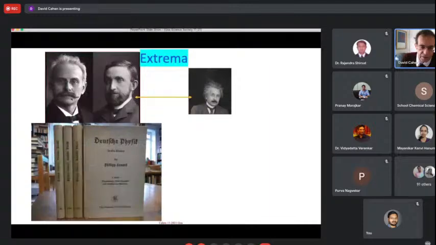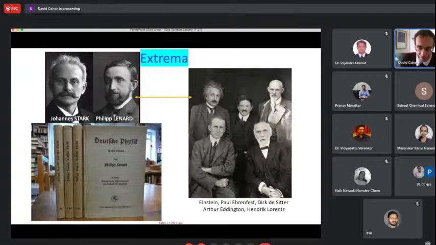So fervent that they joined the movement of cleaning physics from contributions of Jews, which led to this series of 3 books, German Physics. Physics clean of influences by Jews, so that none of Einstein's work and of many others appeared.